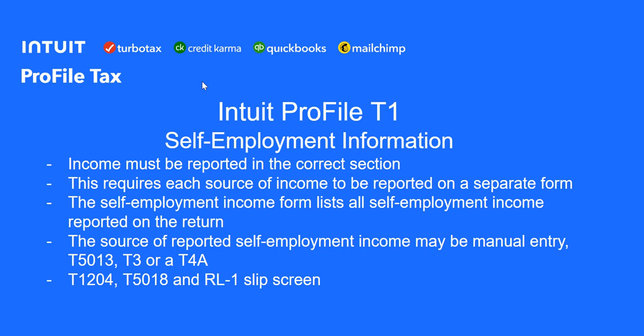The source of the self-employment income could be a manual entry on a T2125, could be posted from a T5013, a T3, a T4A. There's also, I'll point out, a screen for the entry of T1204, T5018, and RL1 income. With all that discussed, let's go have a look at ProFile and see how this all looks in the program.